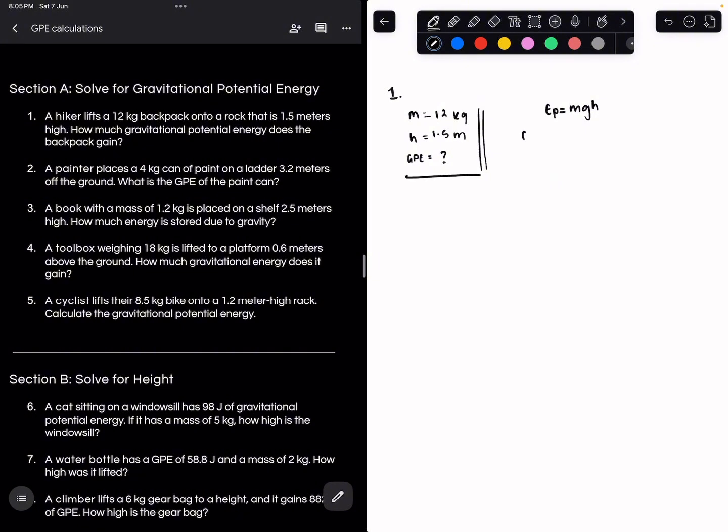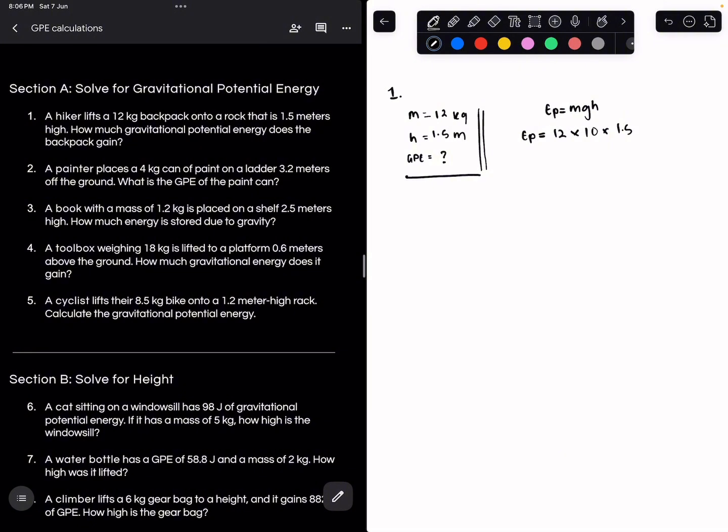So we know that EP is unknown. We know that the mass is 12 kgs. We know that g, which is gravity, the acceleration caused by gravity, is 10 meters per second. And then the height of this backpack is 1.5 meters high.